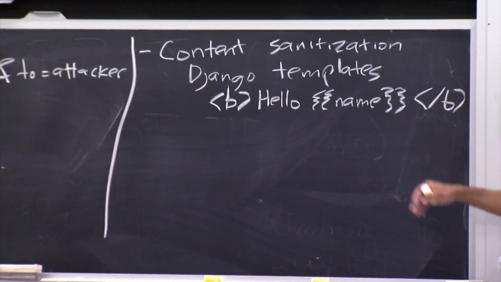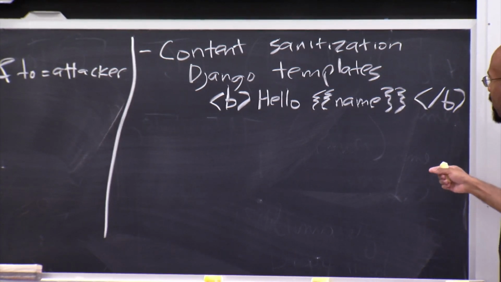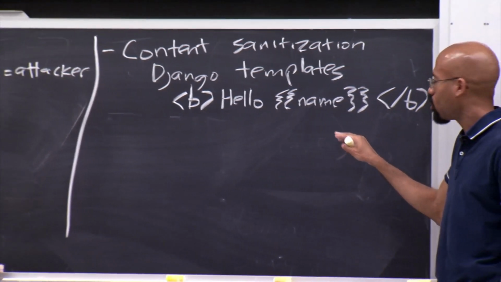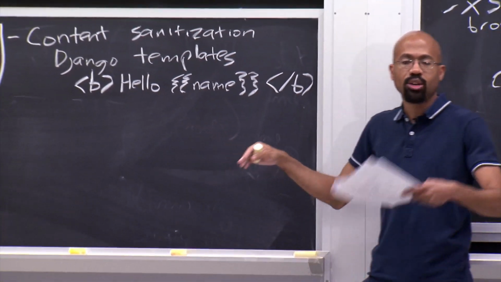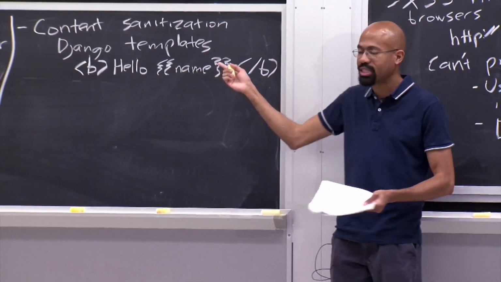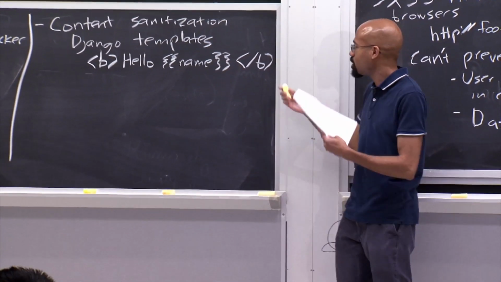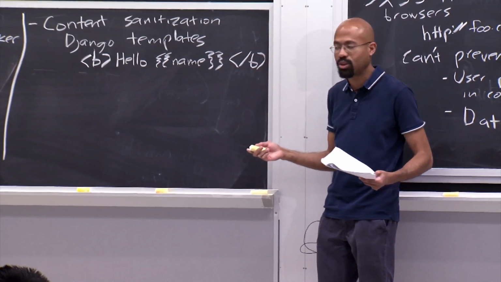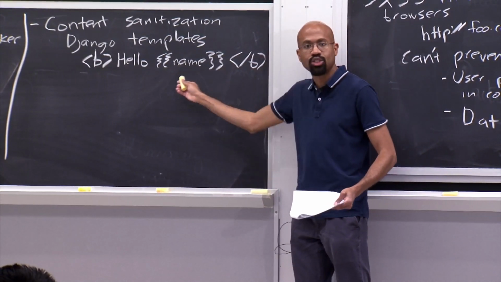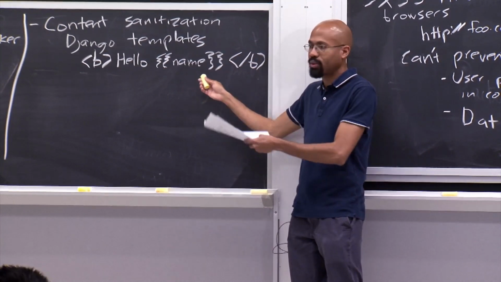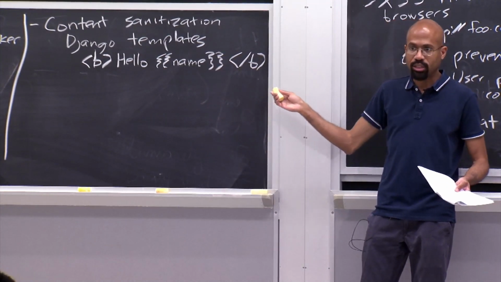So these pages get dynamically generated. When the user goes to a Django site, the Django server says, okay, well this name is going to be somewhere, who knows, in the cookie, maybe in a CGI string, whatever. And as the Django server dynamically generates the page to return to the user, it replaces this special reference here with whatever the value of this variable is. Right? So it's pretty straightforward.